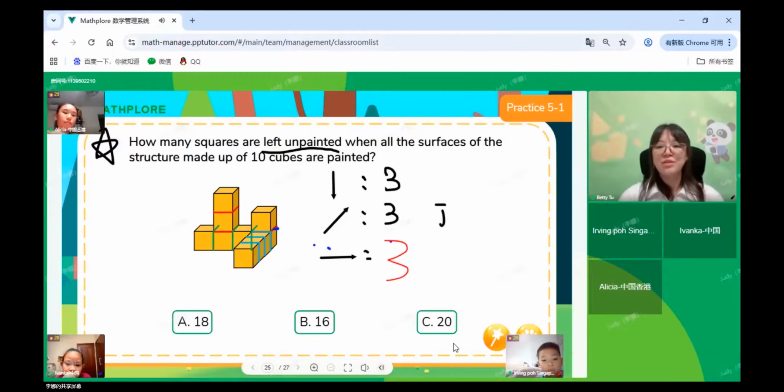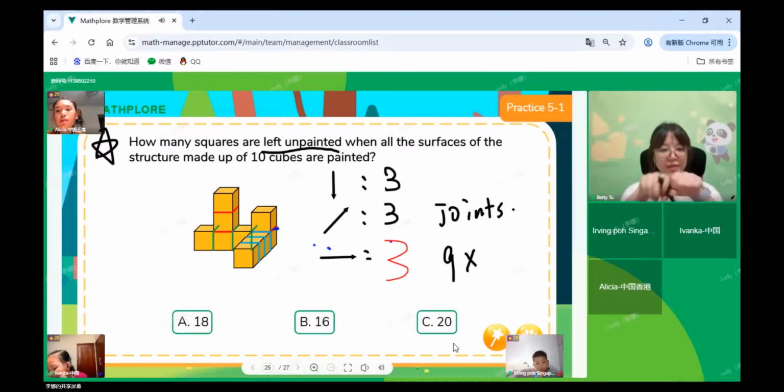So totally, how many joints do we have? 9. Okay, so how many squares are left unpainted? 9 times each joint. How many squares are there? 9 times 2. Good. 9 times 2 equals 18. Okay, good.